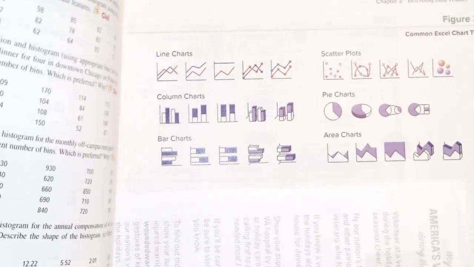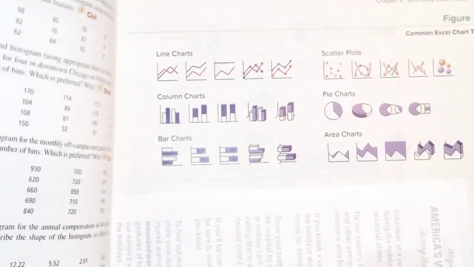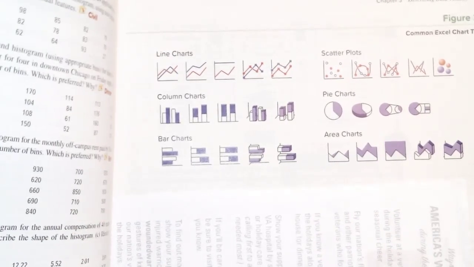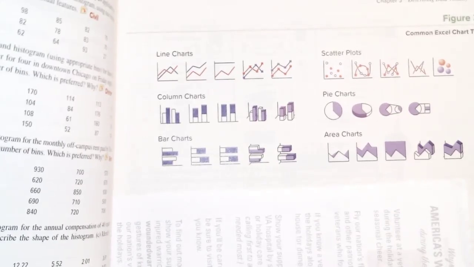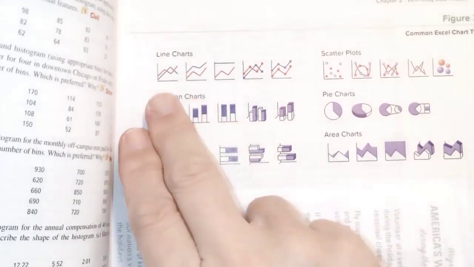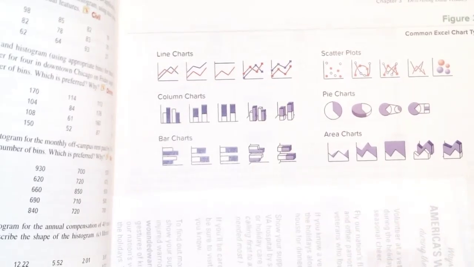But when I go into my Excel setup and say, draw me a picture, insert chart, it gives me a bunch of options. Line charts, again, I think are more useful for time data.